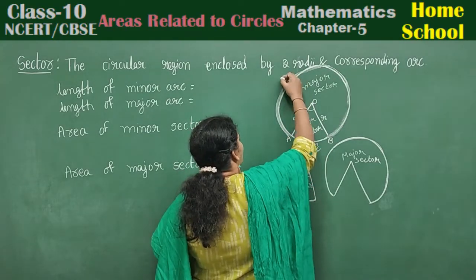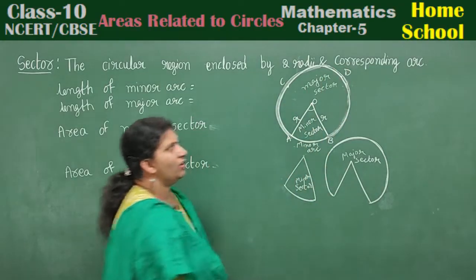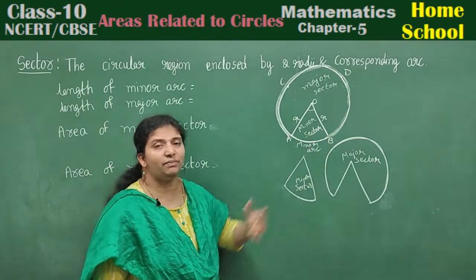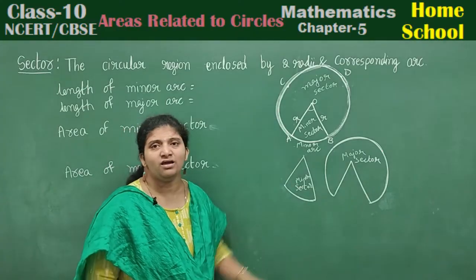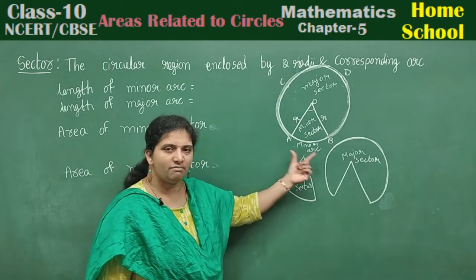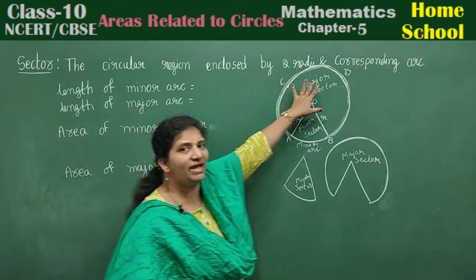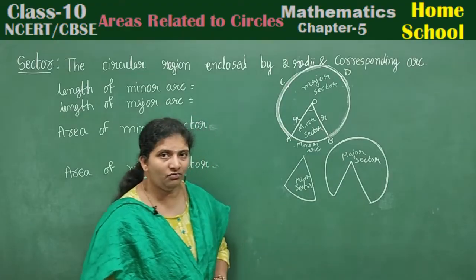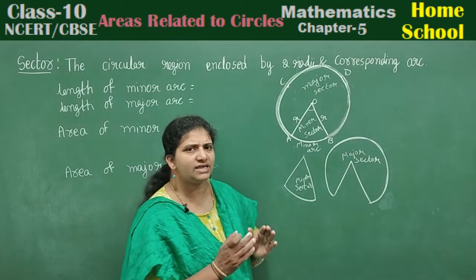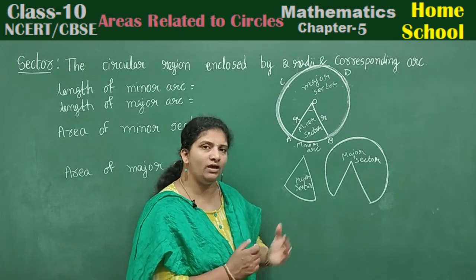So let me mark some points C, D. ACDB is a major arc. This is the minor arc. Minor arc, major arc, minor sector, major sector. Now we need to calculate the areas of sectors and the length of the arc.